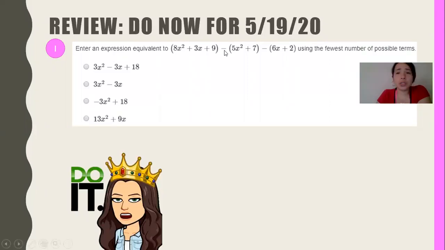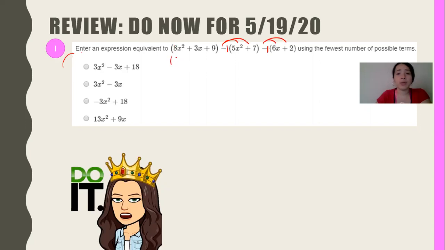It says enter an expression equivalent to x squared plus 3x plus 9 minus 5x squared plus 7 minus 6x plus 2. We have to combine those numbers. If we see a negative before the parentheses, we imagine it's a -1 by itself, and we have to distribute it, which means multiply it.